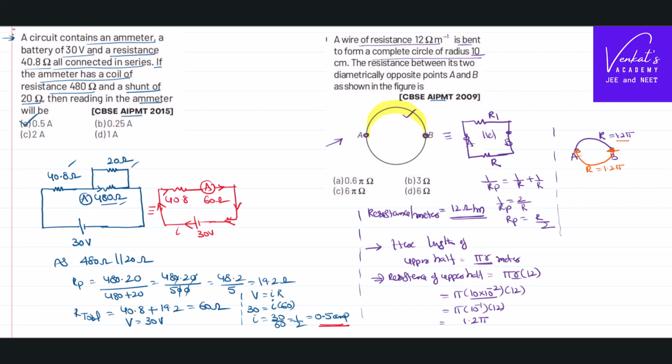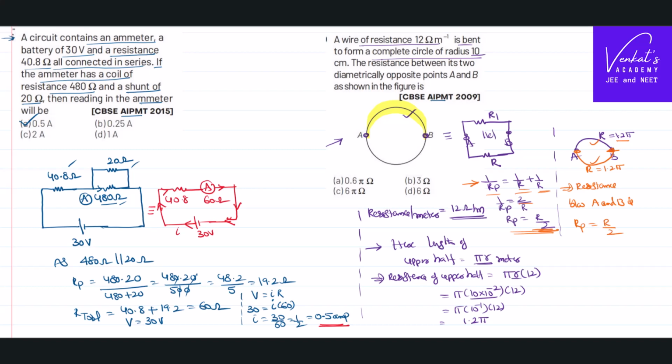Between these 2 points, this upper half is in parallel to the lower half, like I have said. So, when the resistors are in parallel, effective resistance is 1 by R parallel equal to, as both are same, it became 2 by R. So, R parallel equal to R by 2, that implies resistance between A and B is R parallel equal to any one resistance by 2.